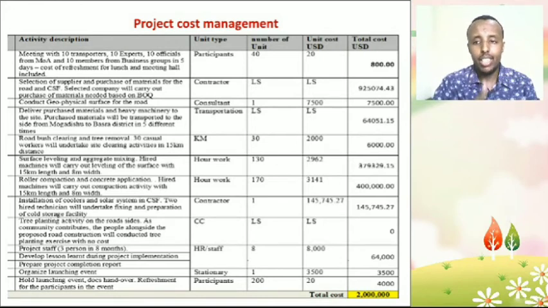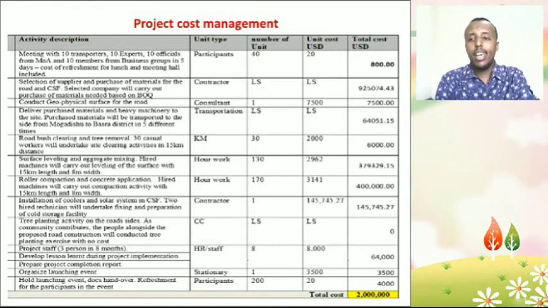We divided activities and the type of unit, the number of units, and the cost. If I try to explain this table briefly, before we start the project, we want to make a feasibility study.